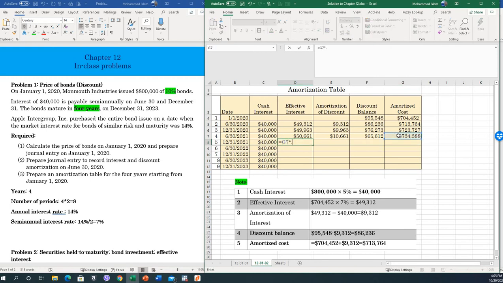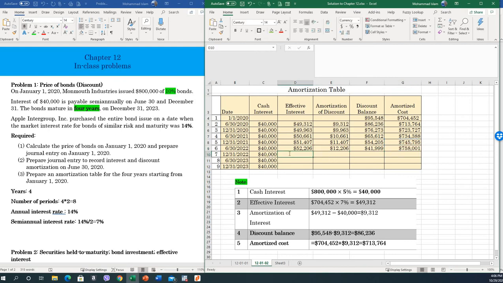Okay, again start with the same amount. So this one times 0.07, and it's equal to this minus this, equal to this one minus this, and this is equal to this one plus this one. Correct. Okay. Again, start with this one, multiply by 0.07, and it has automatically calculated. So this one minus this, so it should be this plus this.